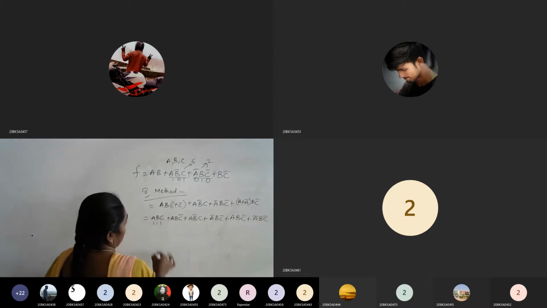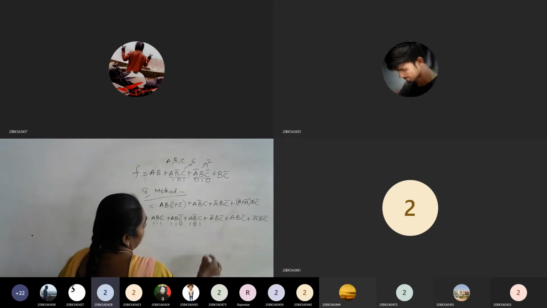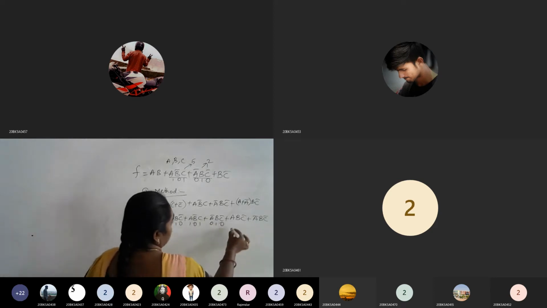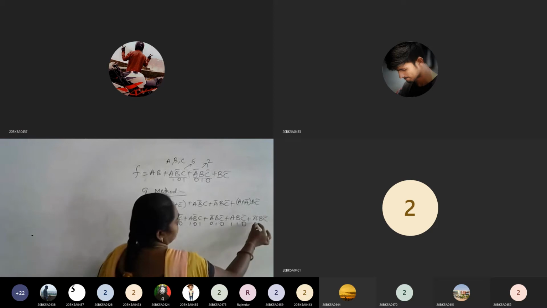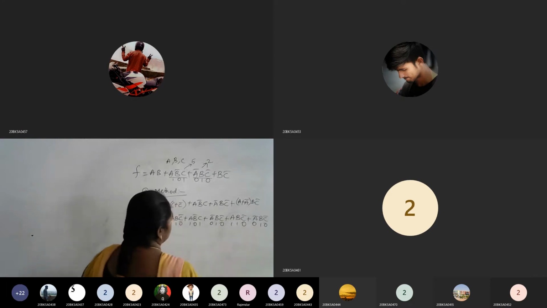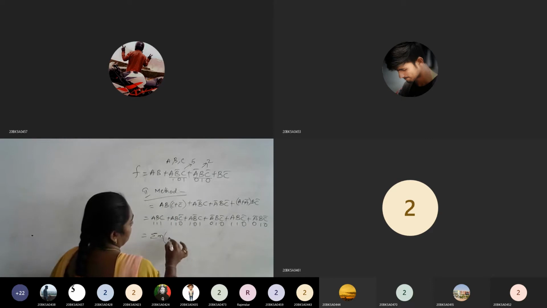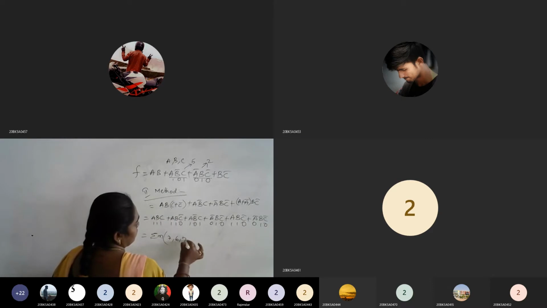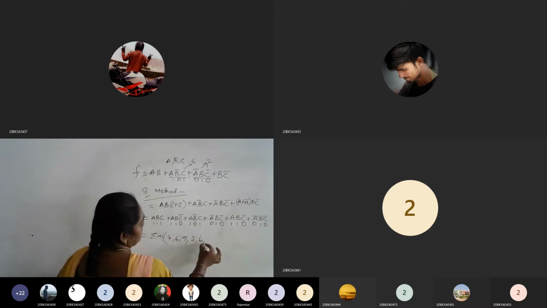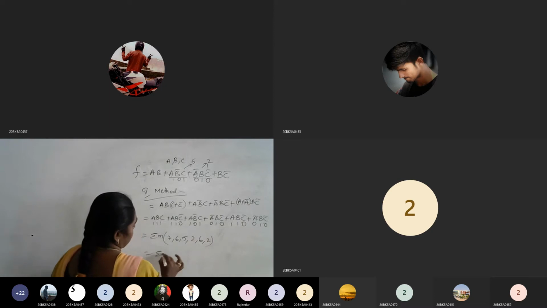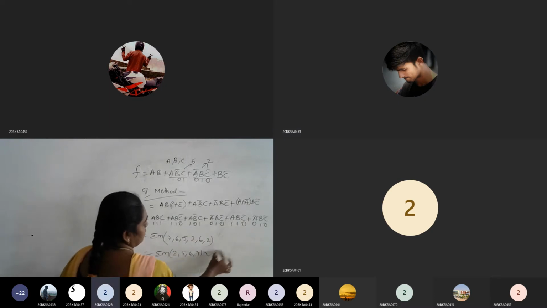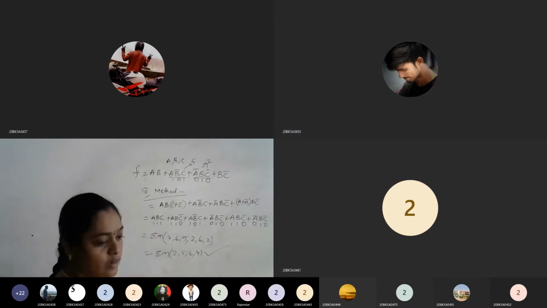This is 1 1 1, 1 1 0, 1 0 1, 0 1 0, 1 1 0, 0 1 0. So this is sigma m of 7, 6, 5, 2, 6, 2, which is sigma m of 2, 5, 6, 7.